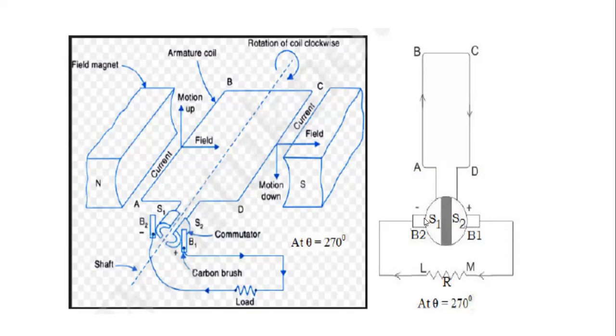At the end of these segments we connect the brushes, B1 and B2. The commutator segments are connected to the rectangular conductor A, B, C, D. At position 1, segment S1 is connected to the AB conductor and CD is connected to the S2 segment. Therefore the current direction is A, B, C, D, B1, M, L, B2.